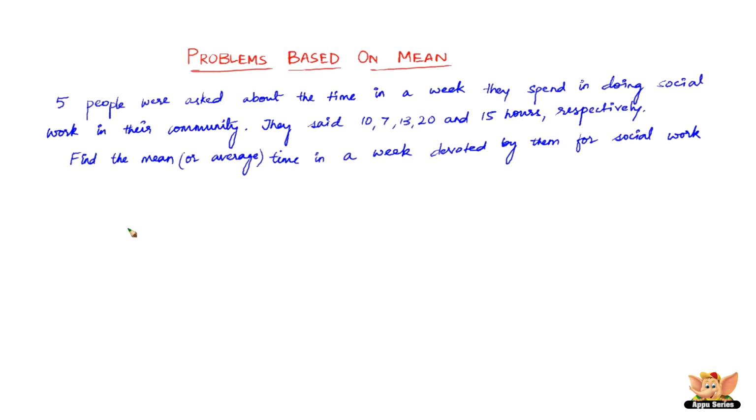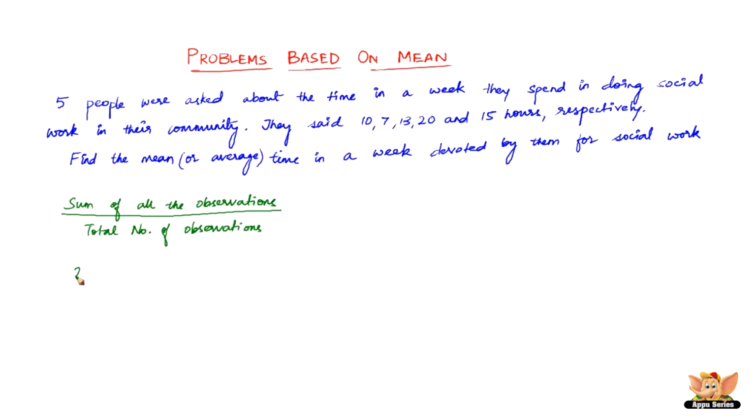So now we know that the mean of a certain number of observations is equal to the sum of all the observations divided by the total number of observations. To simplify our working of finding the mean, let us use a variable xi to denote the ith observation.